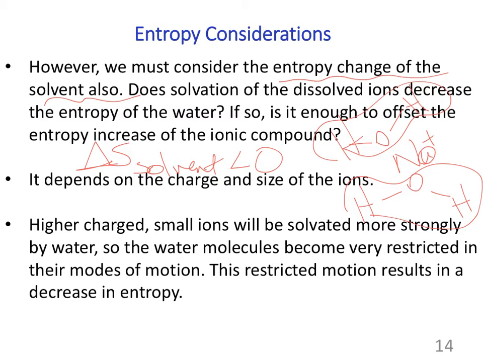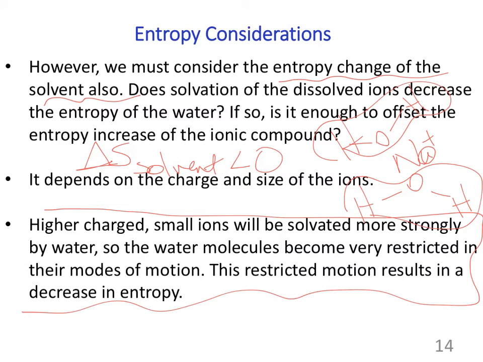Are we going to make you pick that apart and analyze it? No, but we do want you to know that it's variable. And quite importantly at this point, higher charged, smaller ions, like magnesium with a +2 charge and calcium with a +2 charge, are going to be solvated more strongly.